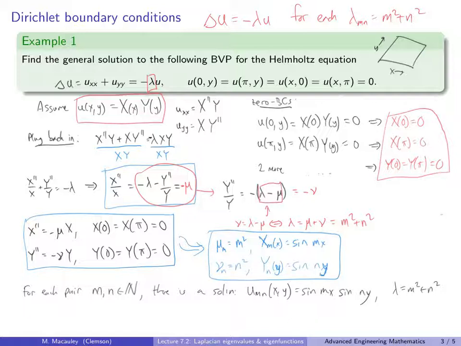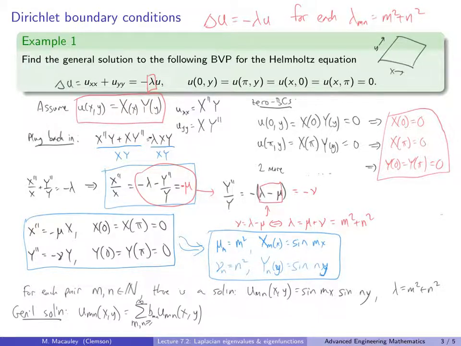Okay, so the general solution, see if I can fit this in down here. The general solution is that u of x and y is the infinite sum over all m and n bigger than or equal to 1, up to infinity, of b mn times u mn of x, y, because any linear combination or superposition is going to be a solution.